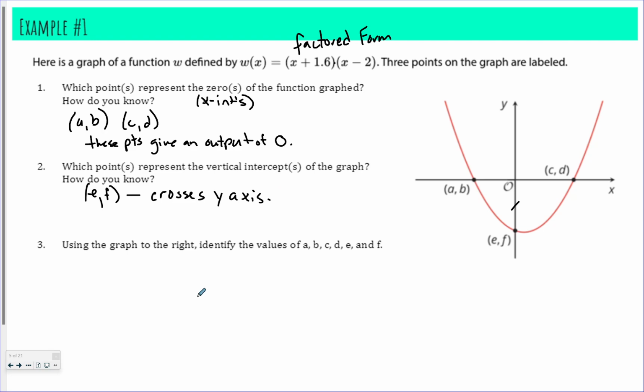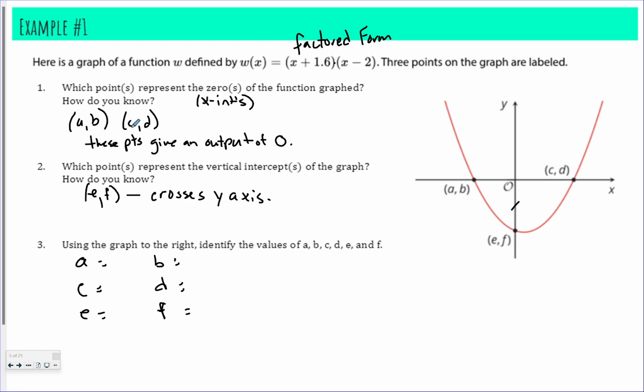Okay, now, using the graph to the right, can we identify all the values of A, B, C, D, E, and F? Ooh, okay. So let's go through one at a time. So we have A, B, C, D, E, and F. Okay, so let's start with the easy ones.